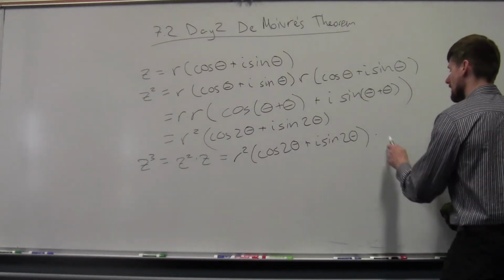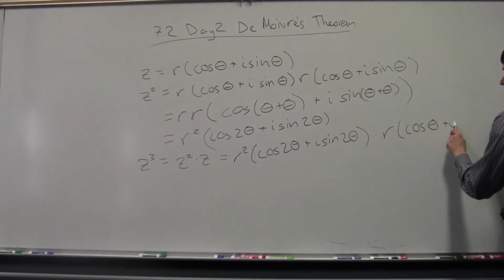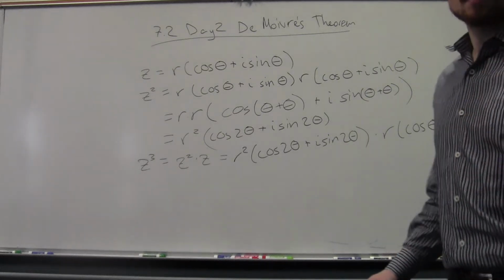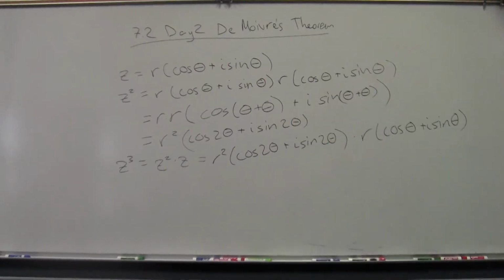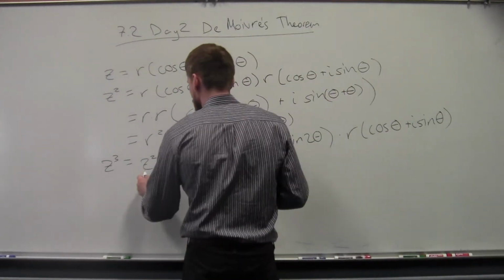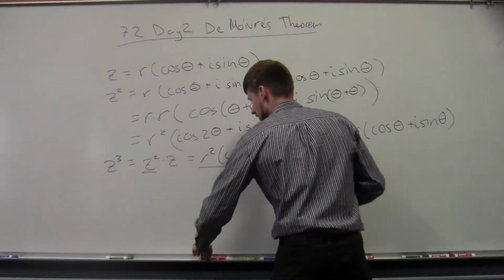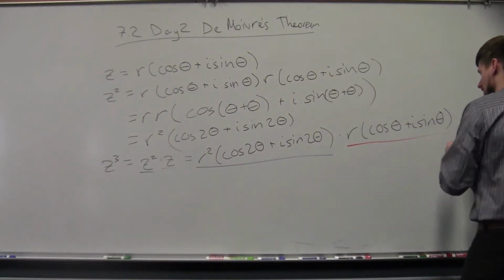And I just multiply this by another r cos theta plus I sine theta. So I multiply it by z again. I'll just do a little bit of color coding so we keep track. z squared is this guy, and z is this guy right here.